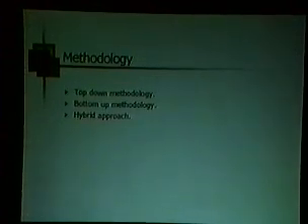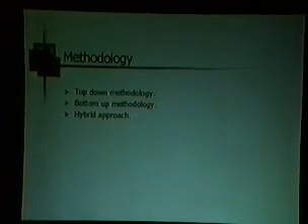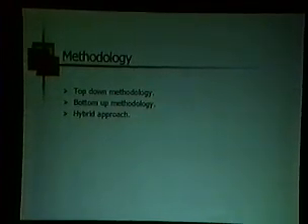Okay, so in order to find bugs in large software programs, you need to have a planned method of going through them. I mean, you can't just randomly read them and hope to stumble upon a bug. And so we've tried to split it up into 3 different methodologies.